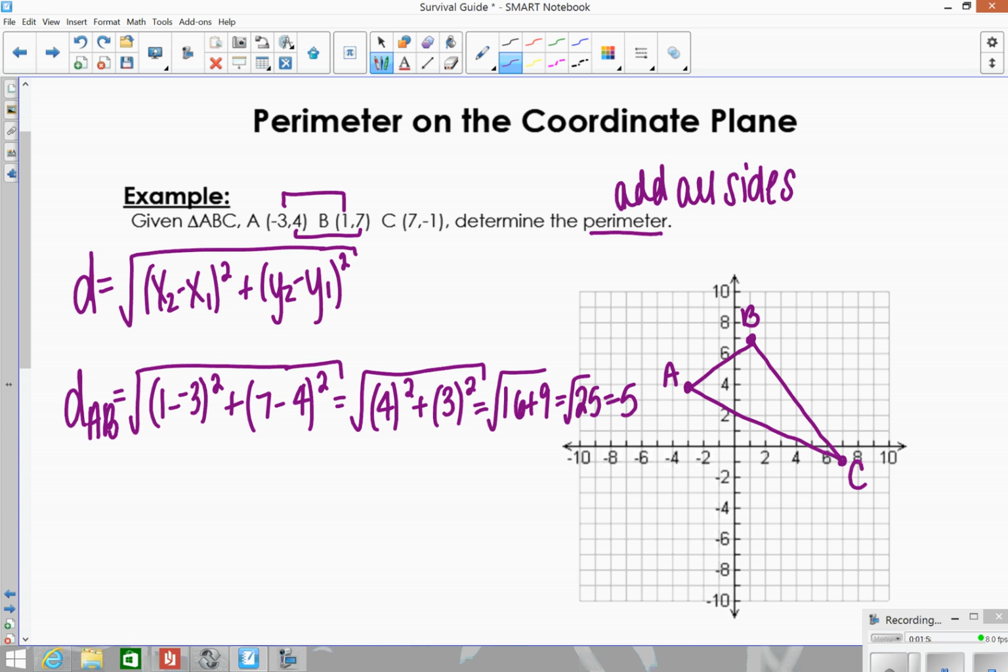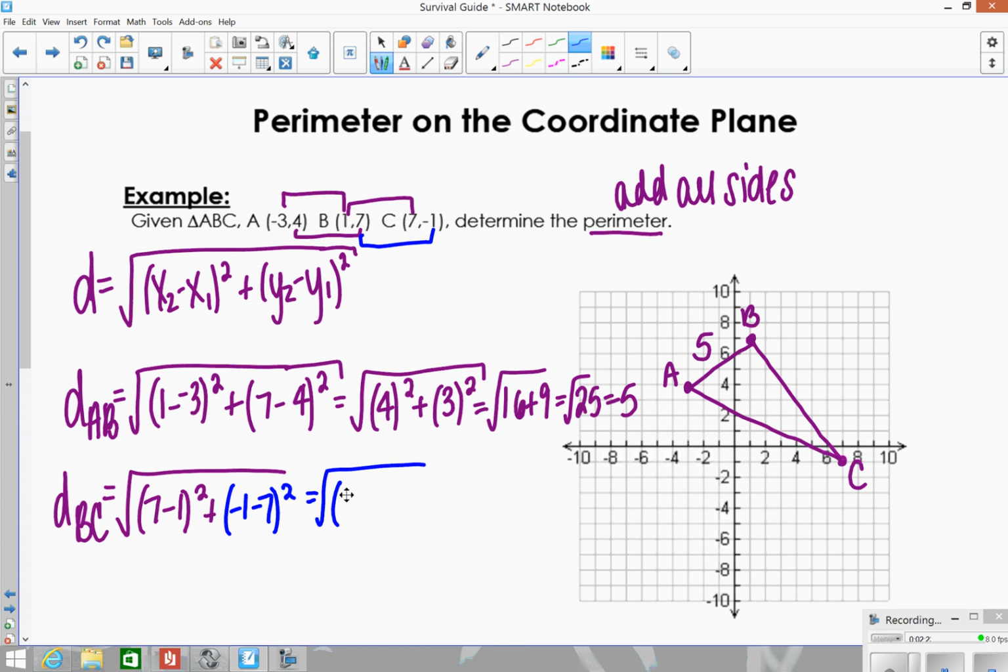Then we're going to move on to the next side, which I'll just do BC. The order that you do these doesn't really make a difference either. So BC is going to be 7 minus 1 plus the change in y's, negative 1 minus 7.